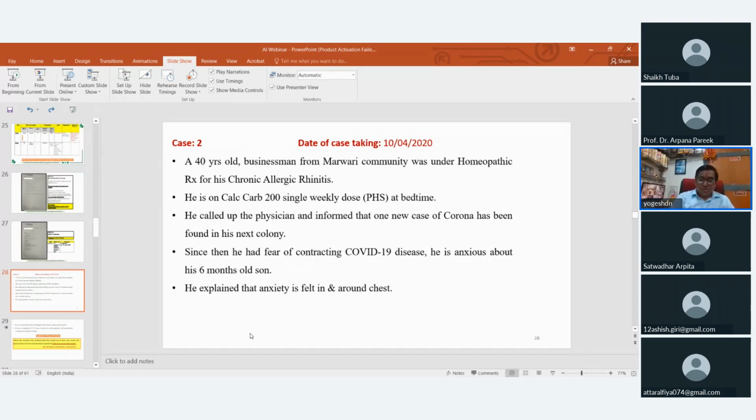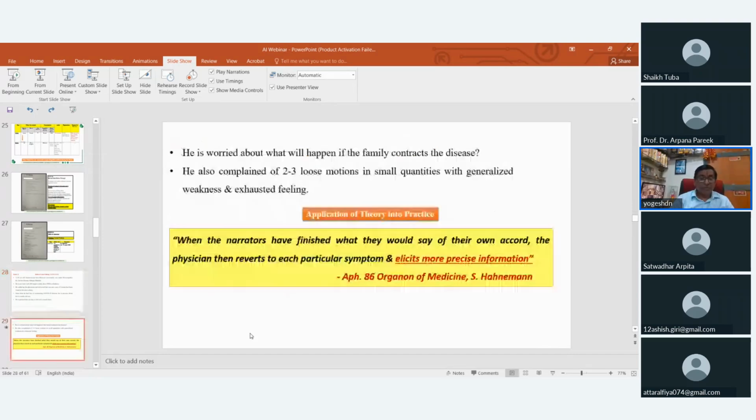This individual, who has a 6 months old son, explained about the fear and anxiety, worried about what will happen if the family contracts the disease. He also complained of 2 to 3 loose motions in small quantities with generalized weakness and exhausted feeling.